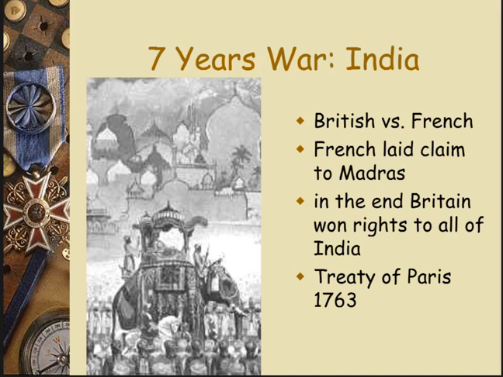Now in North America, that might be the one you're most familiar with. The British are fighting the French and the Native Americans, the Indians, the French and Indian War. So what's the outcome? Well, the French get beat.